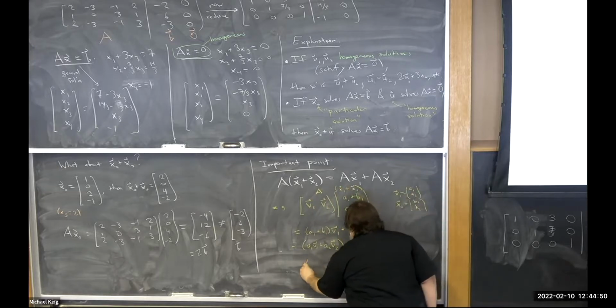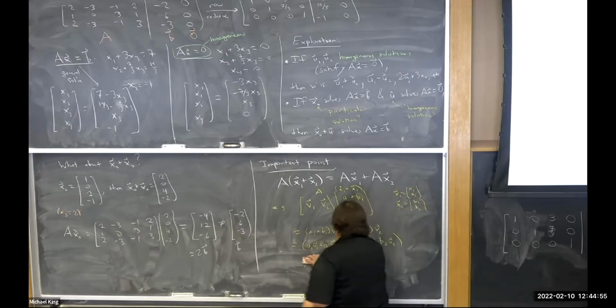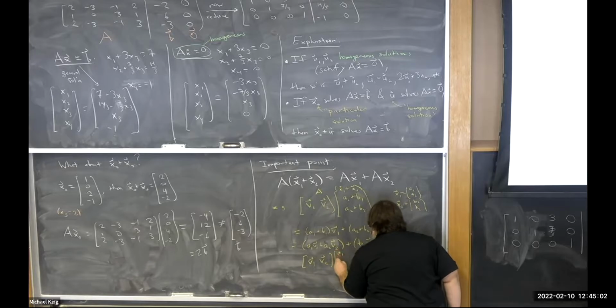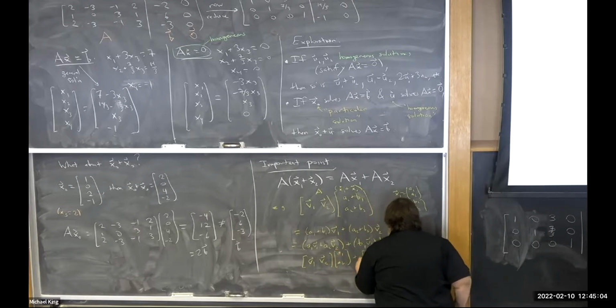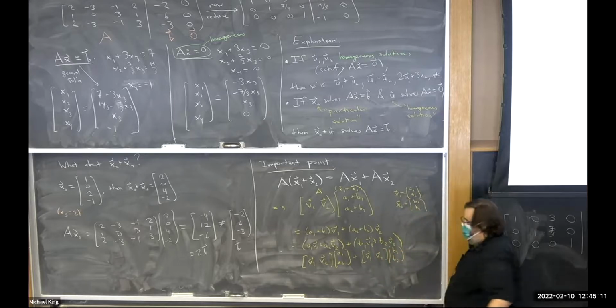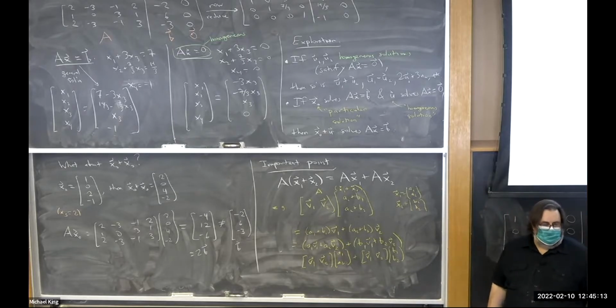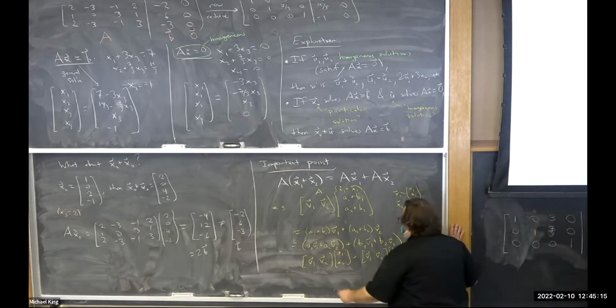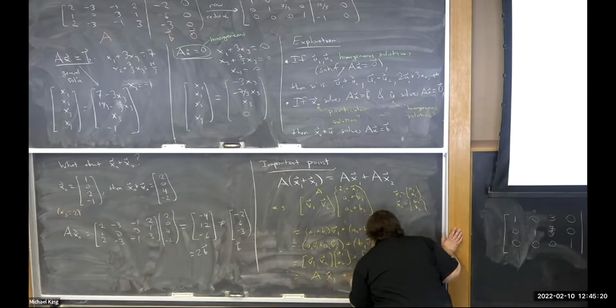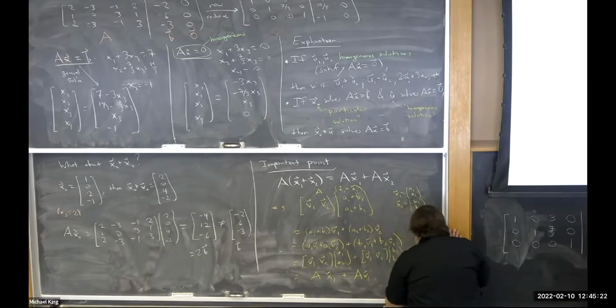But this is clearly A times x1, because we can factor that as column V1, column V2 times vector A1, A2, plus column V1, column V2 times vector B1, B2. And that's Ax1 plus Ax2.